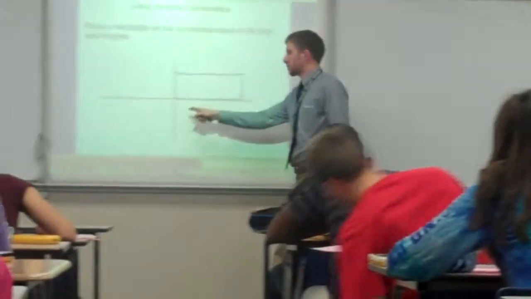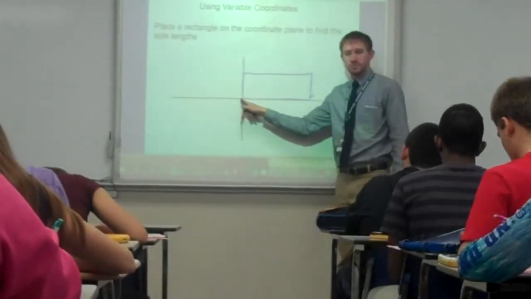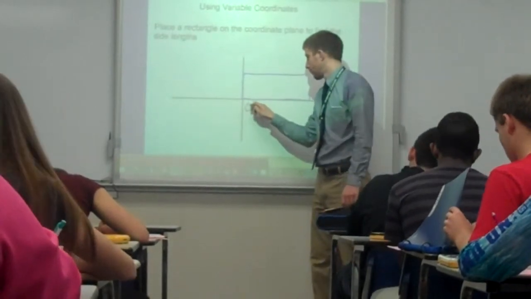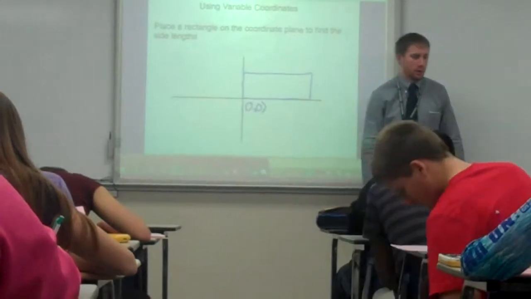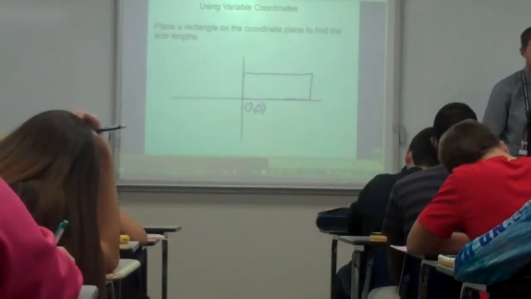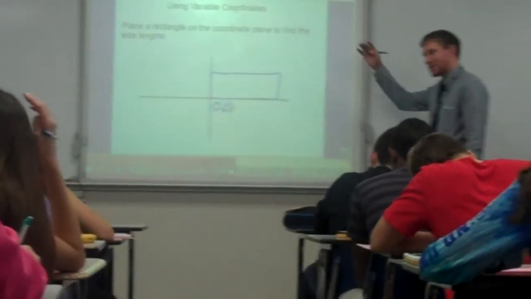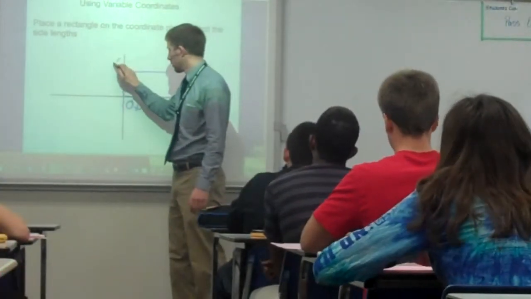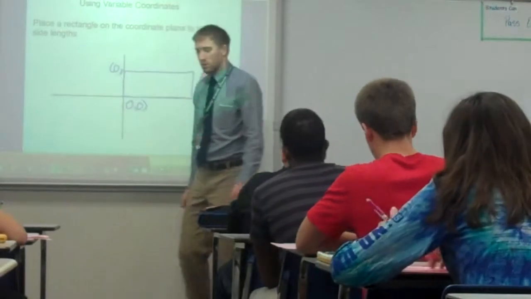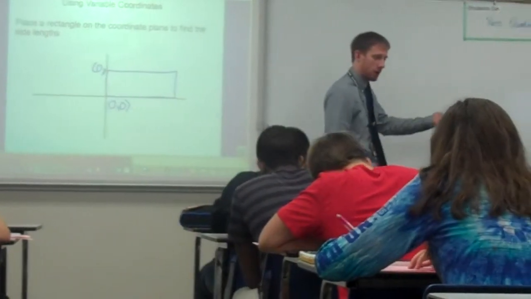So what is the coordinate at this point? (0, 0). That's going to be the only one that has actual numbers for both coordinates. We don't know how tall this rectangle is. We know the x part is 0 here. So what variable should we use for how tall it is?